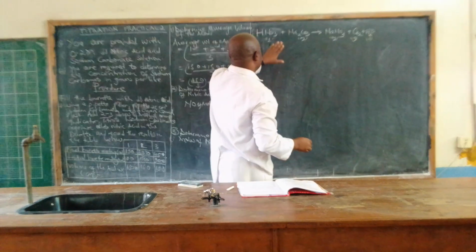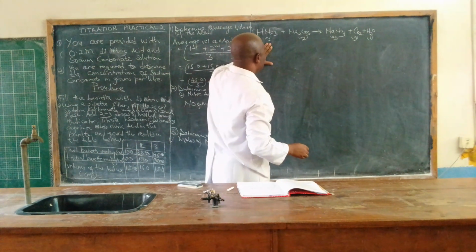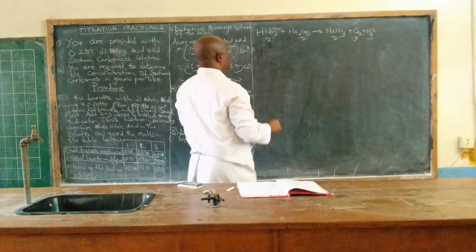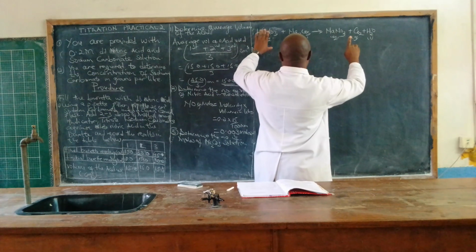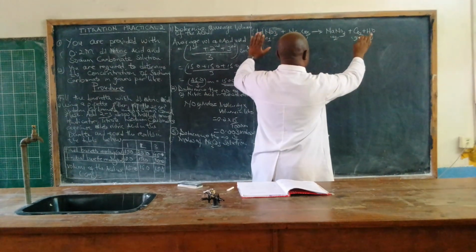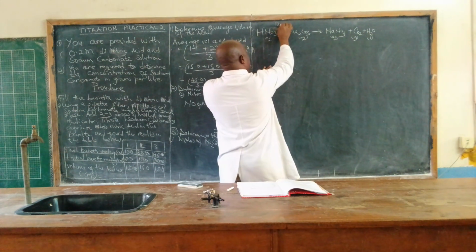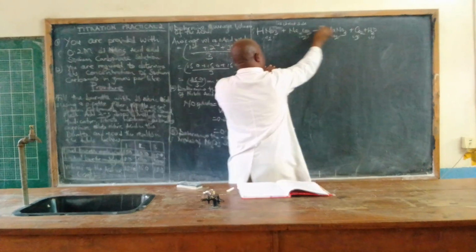After we have done that, we need to ask ourselves, is this equation really balanced? The answer is no. So we are going to consider some of the atoms within these reactants, within these compounds, on the reactant side and the product side.